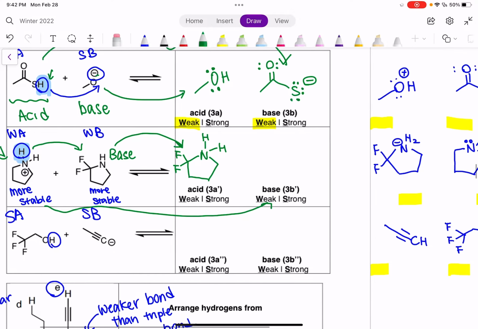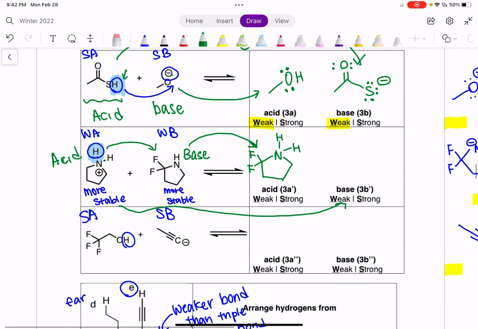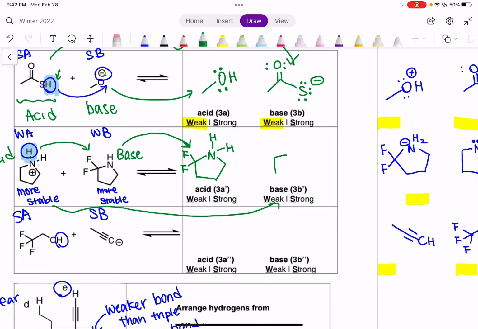And for the base, we just need to take out, again, the weird looking thing. So we just need to take out one hydrogen.